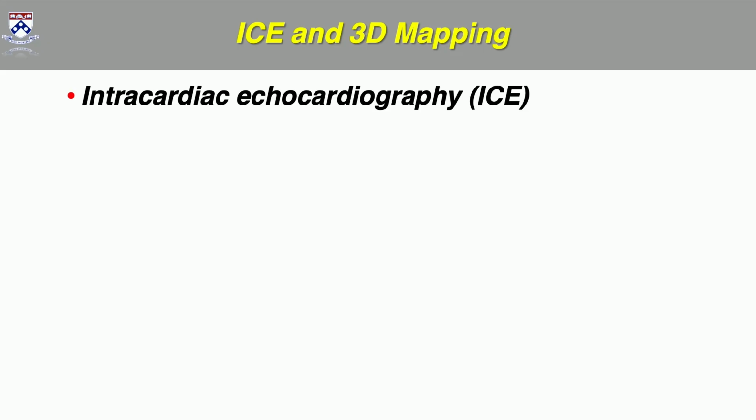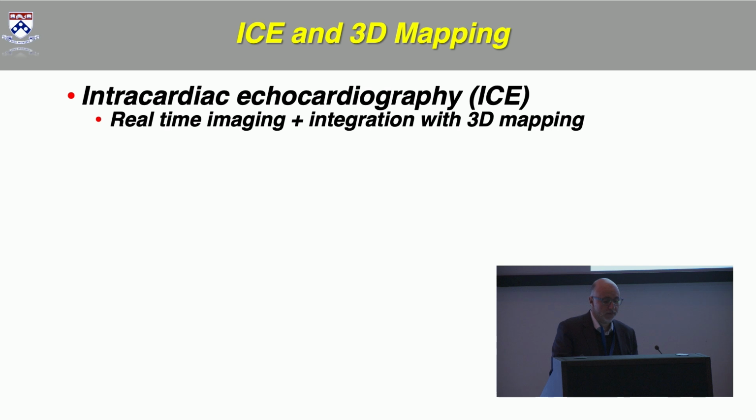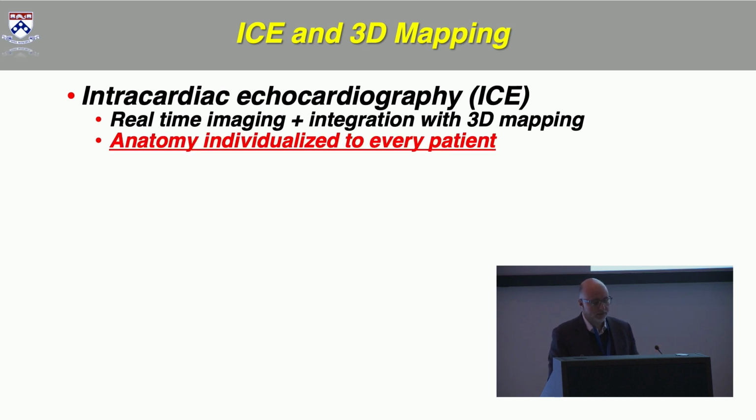But ICE and 3D mapping. My role here is to continue the prior two talks, because I think they were fantastic and I think this is probably one of the most important things in EP. I'm going to combine real-time imaging, where the only tools are fluoro and ICE, and our favorite tool, anatomically speaking, is ICE. What would be the advantage of integrating this with a 3D mapping system?